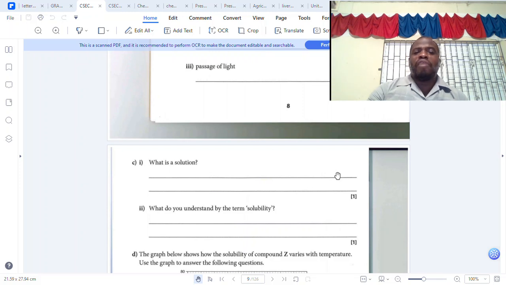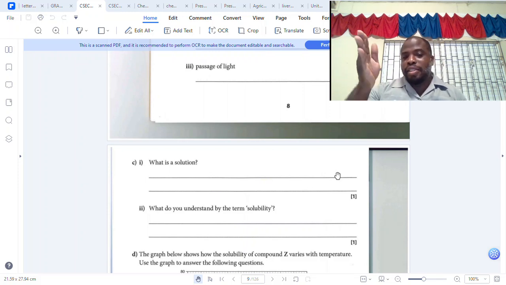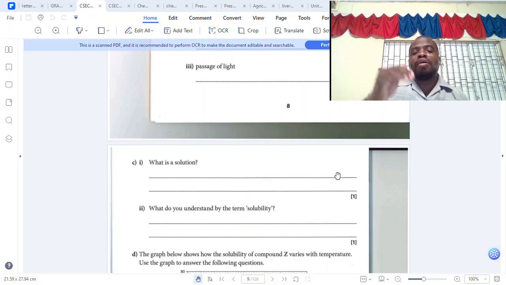Usually, in terms of concentration, the solvent is at a larger concentration than the solute, meaning you have more particles of the solvent than the solute. So the solution contains the solvent at a larger concentration than the solute.